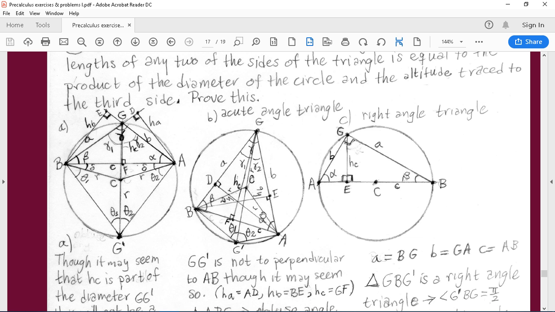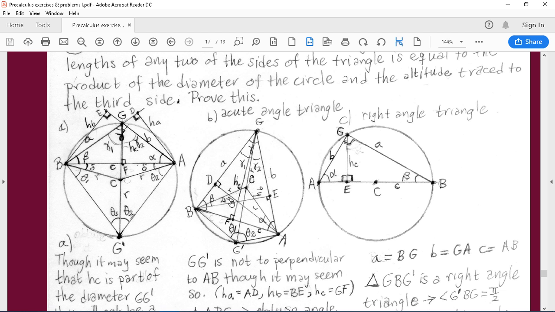Sine of alpha, if we consider triangle GFA, equals HC over lowercase b. Now, if we consider triangle BEA, sine of alpha will be equal to HB over lowercase c.